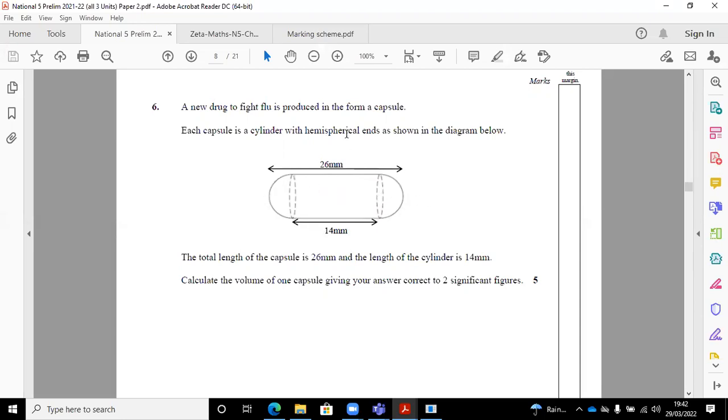If we took away that cylinder completely, we'd be left with a ball, a sphere. So the diameter is 26 minus 14, which is 12, which leaves us with a radius of 6. So the radius we're going to use is 6 millimeters.